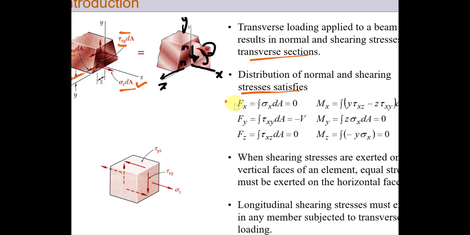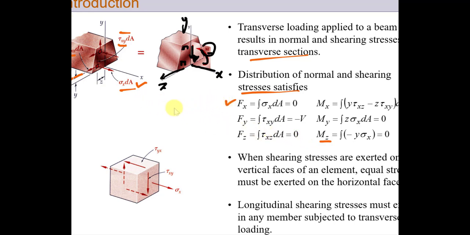Previously we only discussed that the sum of all forces acting in x direction is equal to 0, and the sum of all moments about the z direction is equal to 0. Clear?